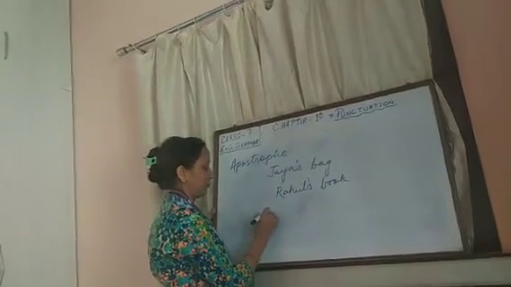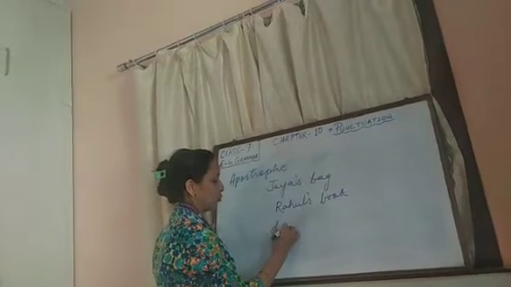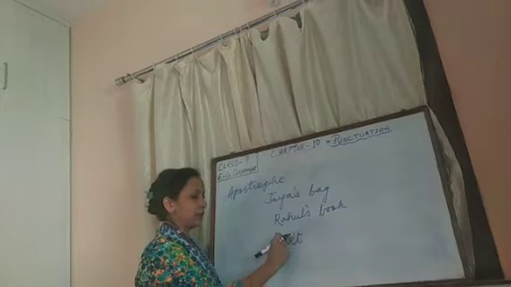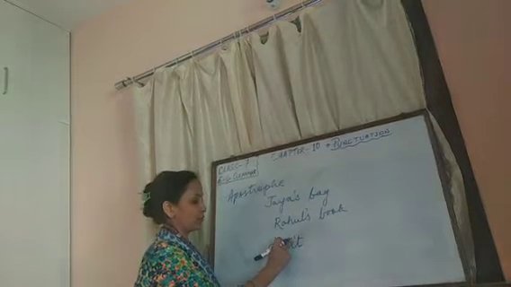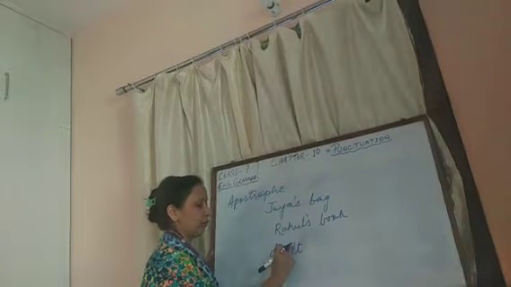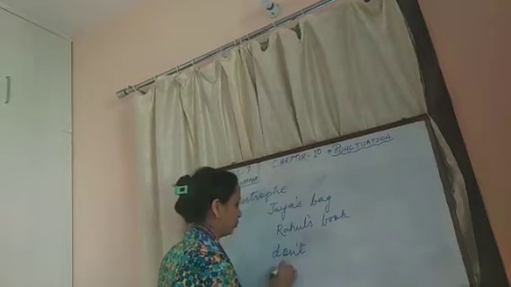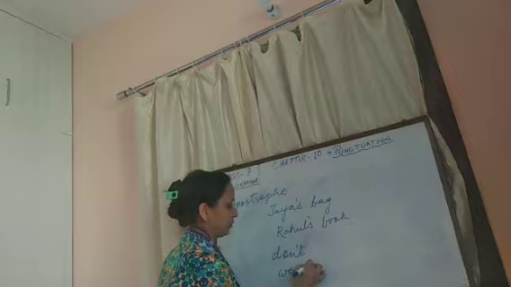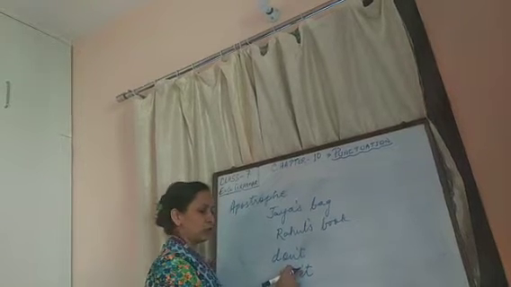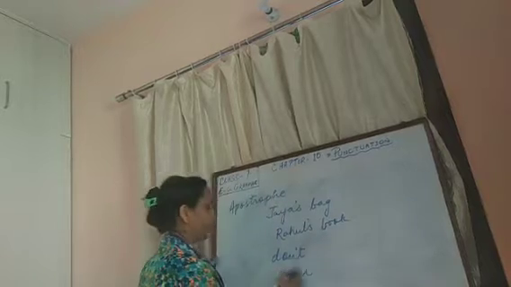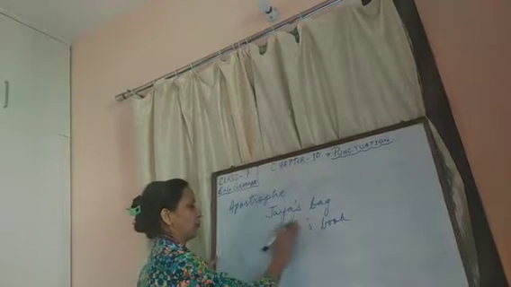For example, we have the contraction don't. The letter O is missing, so that is shown with an apostrophe. Don't, won't. We use an apostrophe to show the missing letter in contractions. So that is the second use of apostrophe.